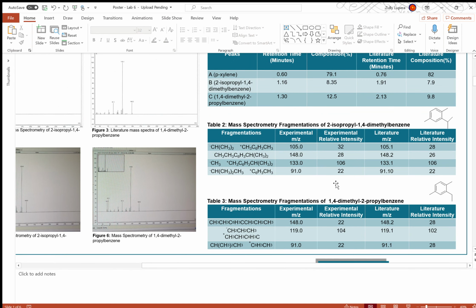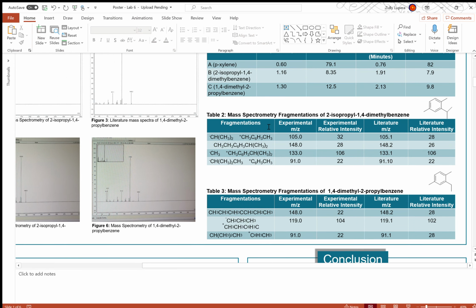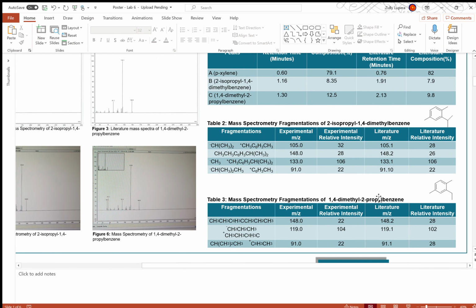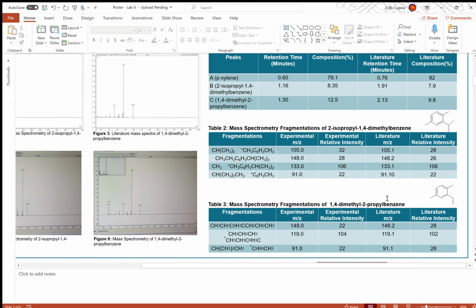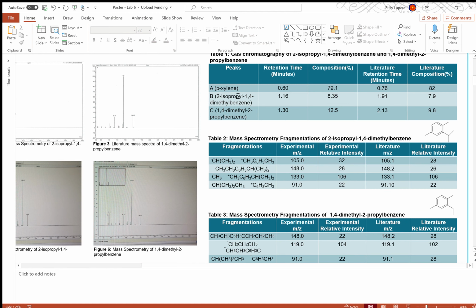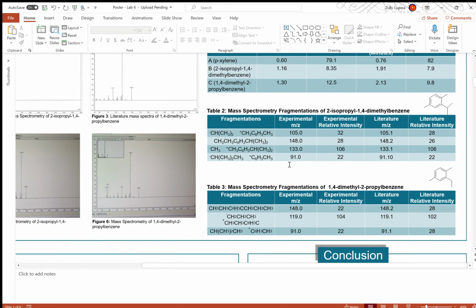We identified peak C as 1,4-dimethyl-2-propylbenzene because according to the mass spectrometry of that peak, there is no isopropyl fragmentation as appears in peak B. So therefore we can conclude that peak B was 2-isopropyl 1,4-dimethylbenzene and peak C was 1,4-dimethyl-2-propylbenzene, and that peak C was the major product and peak B was the minor product.